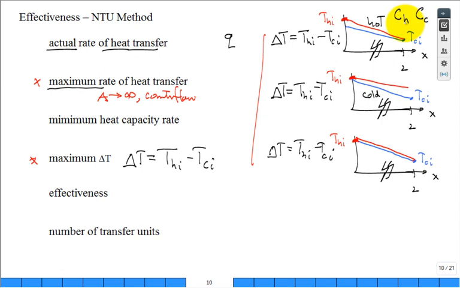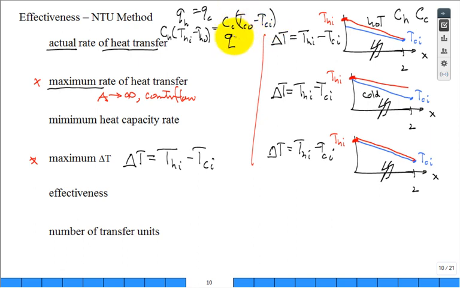The hot fluid, doesn't it? Because if the Q out of the hot is equal to the Q into the cold, the heat capacity rate of the hot times the temperature hot in minus temperature hot out is equal to the heat capacity rate of the cold times temperature cold out minus temperature cold in.